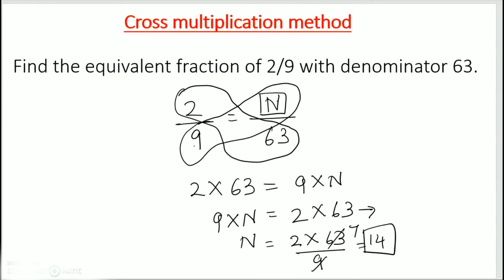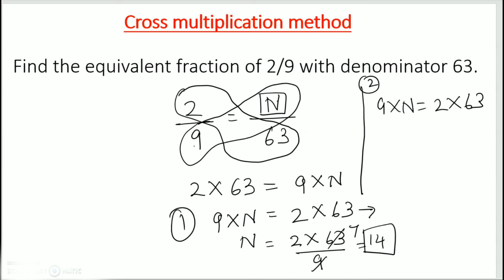Or the other way you can get it is to split 63 as a factor of 9 and something. So 9 into n equals 2 into 63, and 63 is 9 times 7. Now we have a 9 on the left hand side and 9 on the right hand side, right? So that means n is equal to whatever is left. So n is equal to 2 times 7, which is 14.